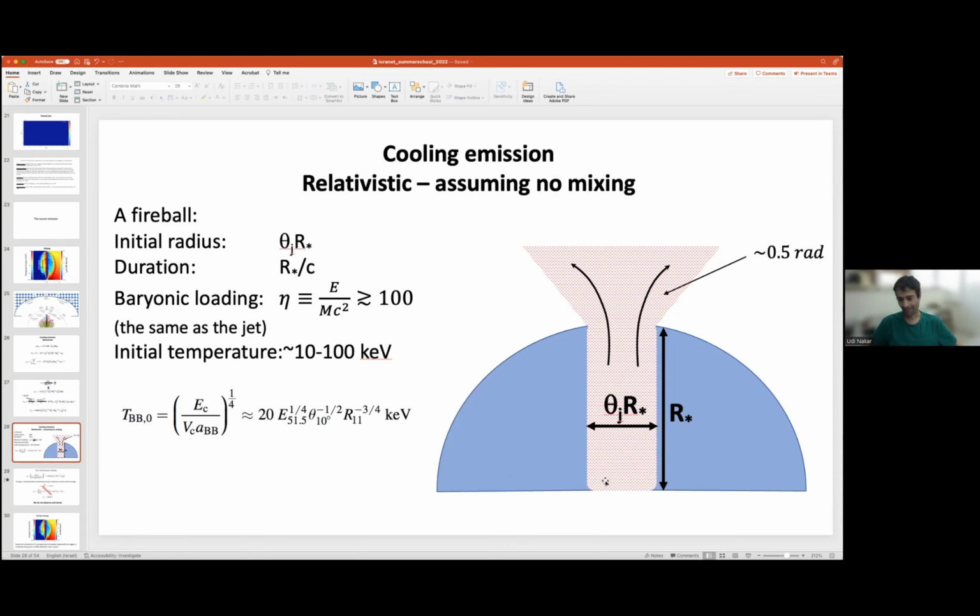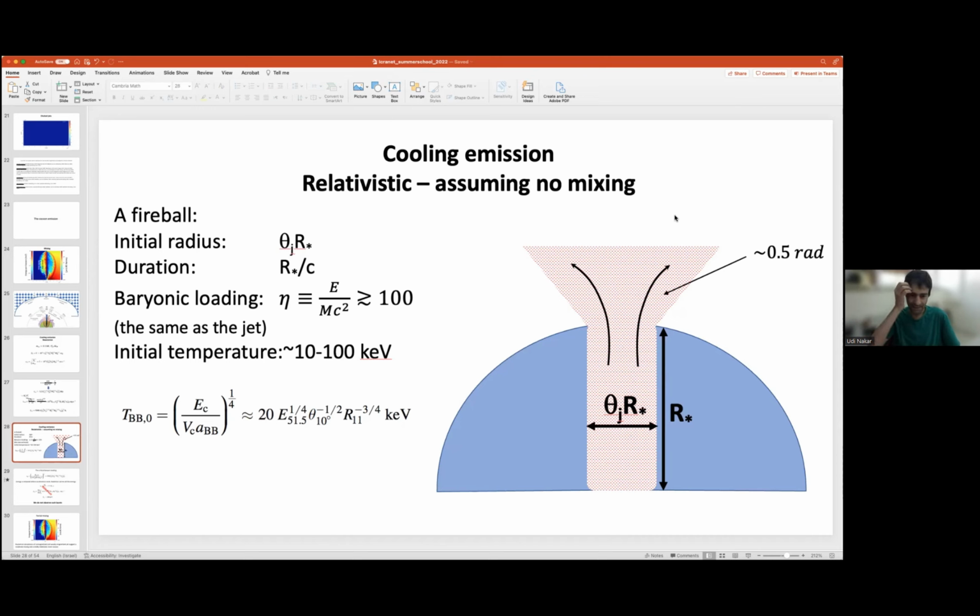And so we have some initial temperature, and we let this material escape out and radiate, cooling emission. Basically, what will happen is that the material which is at rest will start accelerating, and basically we'll have a version of the fireball model with some baryonic pollution, and it's possible to calculate what will be the emission from this fireball.